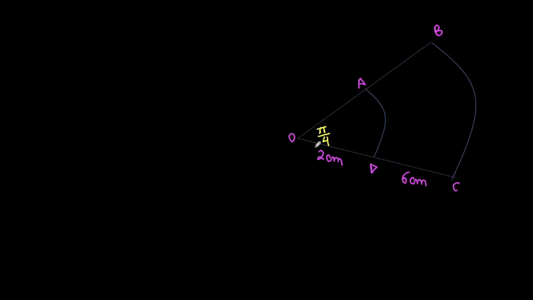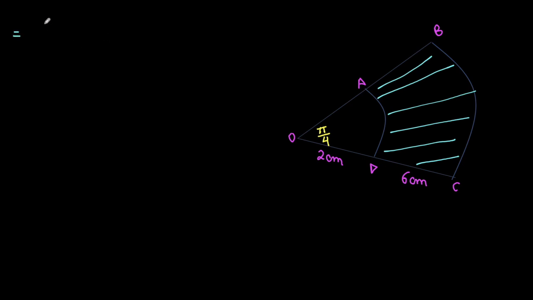Now here the question is, this length is 2 centimeter, this length is 6 centimeter, and the angle here is pi over 2. So we have to find the area of this region. The concept is we will find the area of the complete sector, and then we'll take away. So let's first find the total area, and the area formula is theta over 2 r squared. So the total length of the radius is right now 8 centimeter.